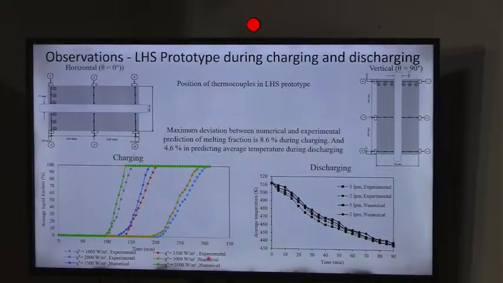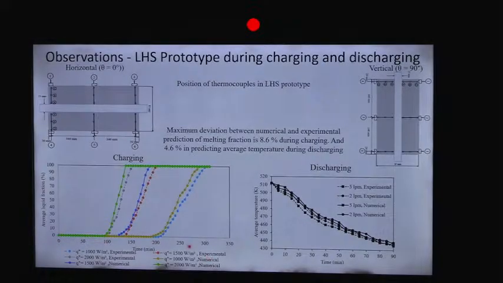So we got very good comparison of the computational heat transfer model, which I just discussed about the silicon, with that of the experimental setup which has been designed in the lab at IIT Delhi.